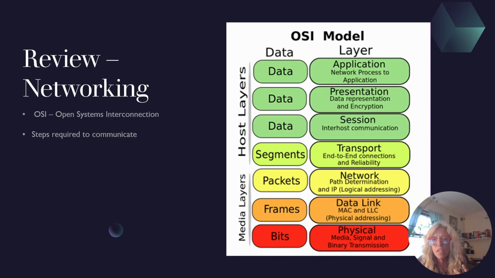Some examples of the protocols and functions at layer 6: ASCII, the American Standard Code for Information Interchange, which is a character encoding standard. JPEG, which stands for Joint Photographic Experts Group, a standard for compressing images. And GIF, which stands for Graphics Interchange Format.